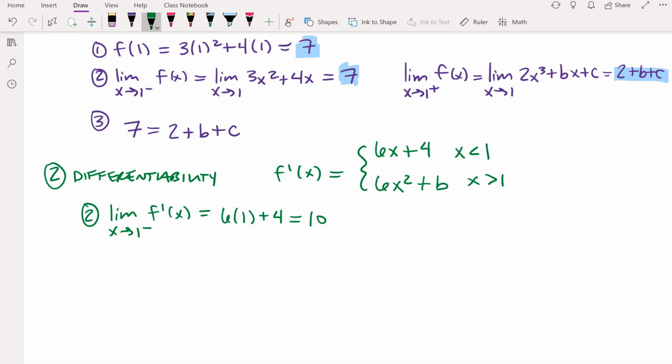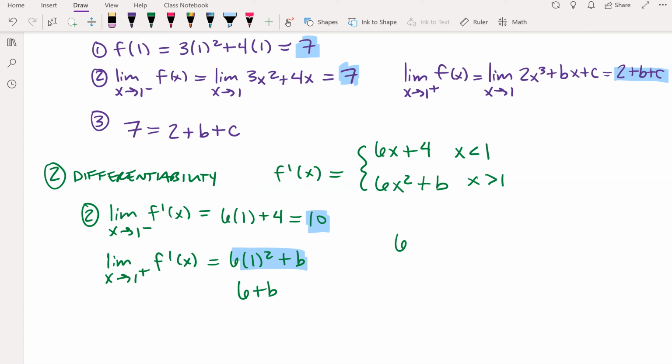Now the limit as x approaches 1 from the right of f prime of x, plugging in 1 for x, equals 6 times 1 squared plus b. For this function to be differentiable, we need these two to equal each other.